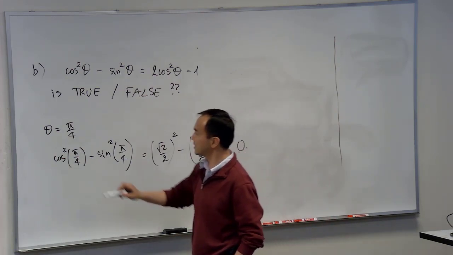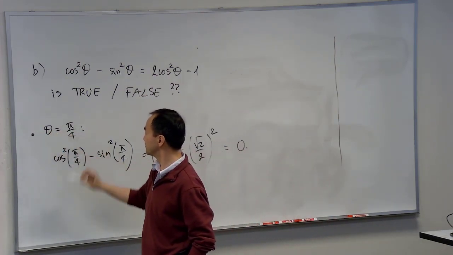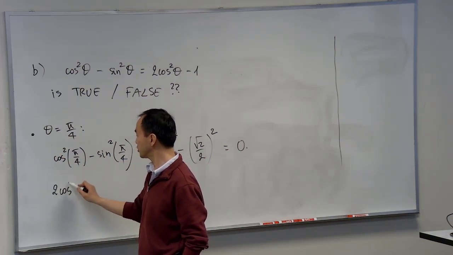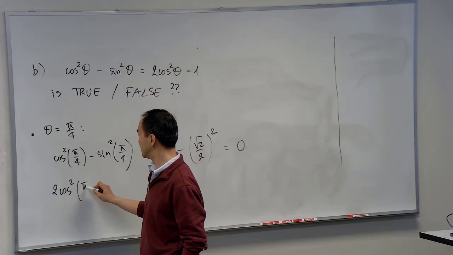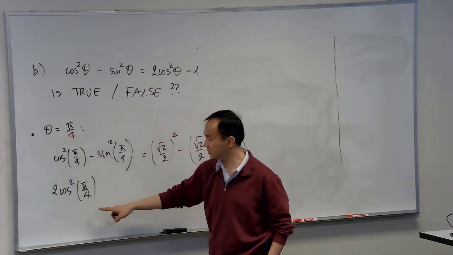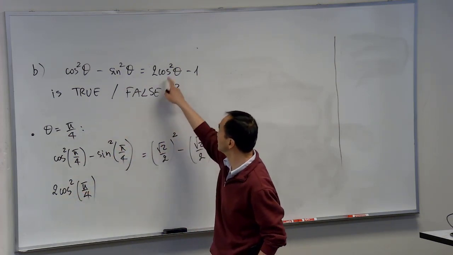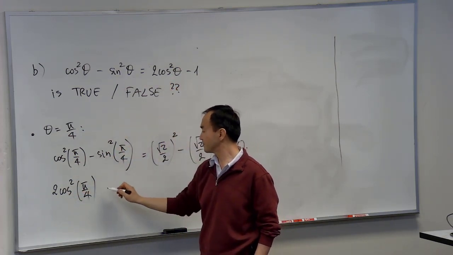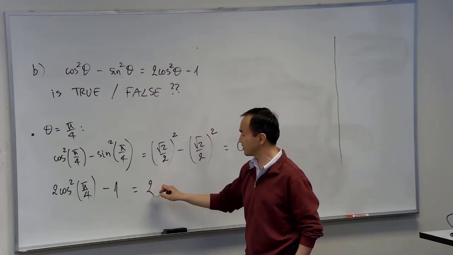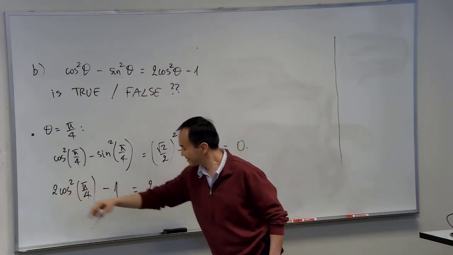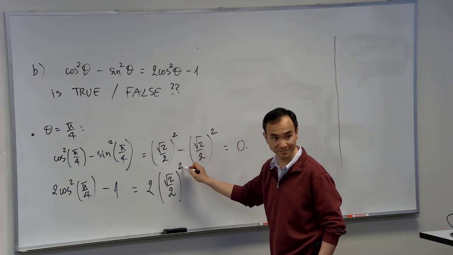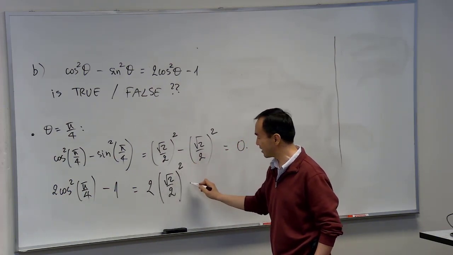But for this specific example, the right hand side is 2 cosine squared of pi over 4 minus 1, because right now we're letting theta equal pi over 4. What will that equal? 2 times, as the expression is set up, square root of 2 over 2 all squared, and then minus 1.